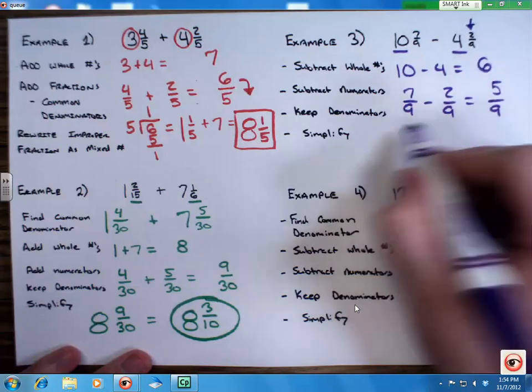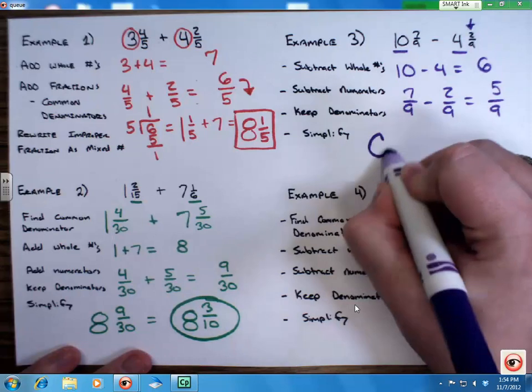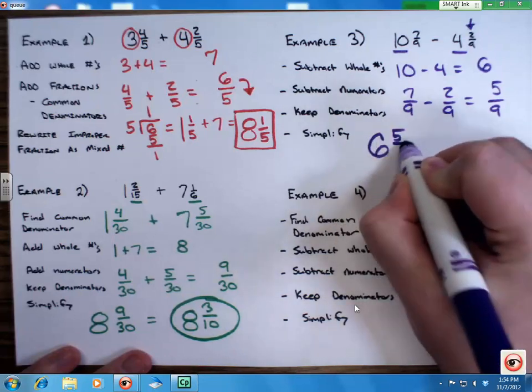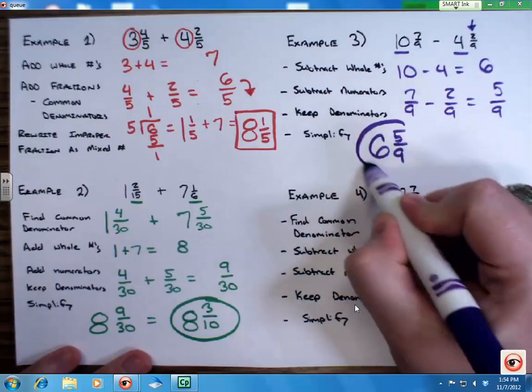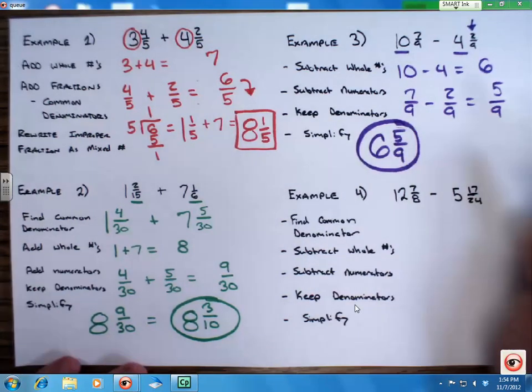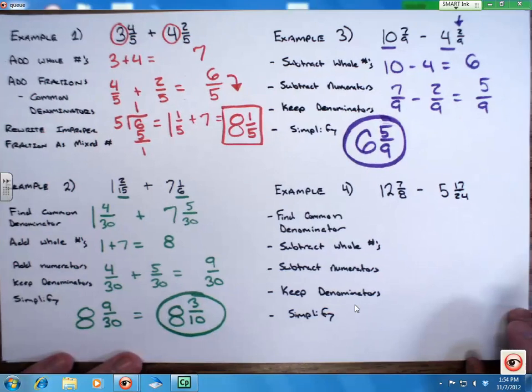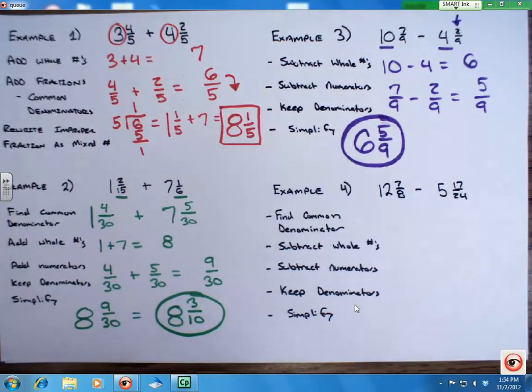And then can I simplify that one? No, 6 and 5/9 is in lowest terms. All right, any questions on any of those so far? No? All right, then let's take a look at our final example.